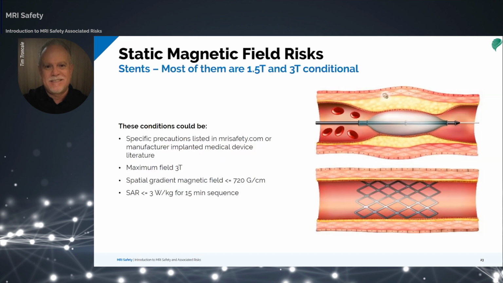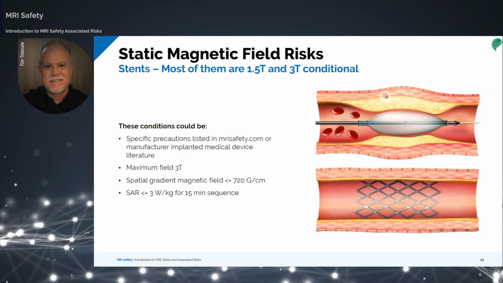Again, the safety information of specific stents can be checked at mrisafety.com, in the annual MR safety manual, or at the manufacturer's website. In this example, some stents may be scanned on a 1.5 or 3T scanner. This means that the particular stent has been tested on these scanners and under these specific conditions.